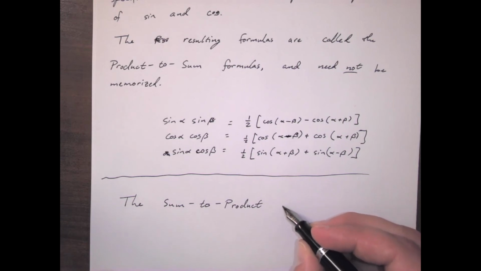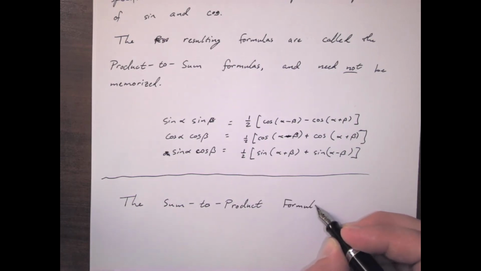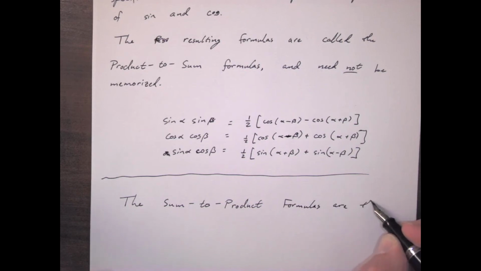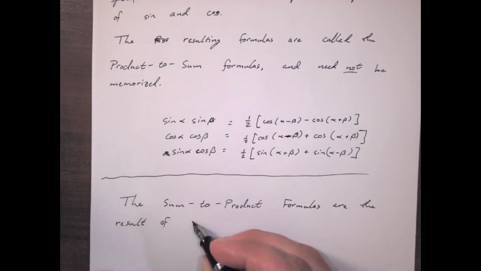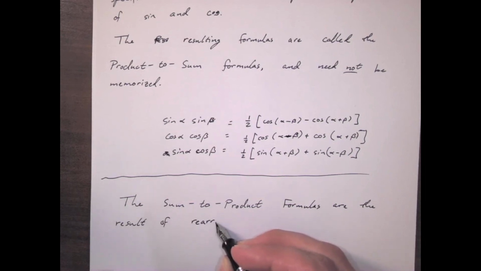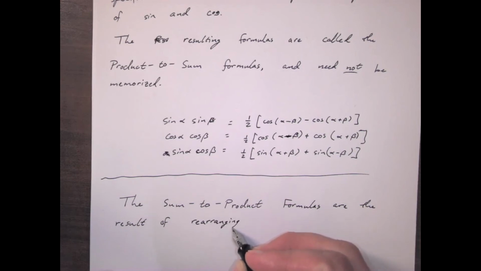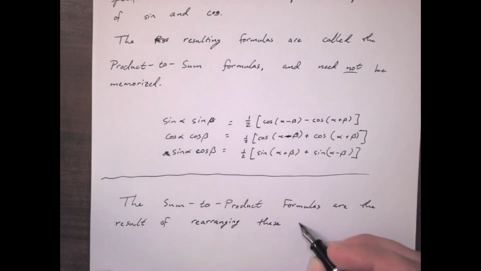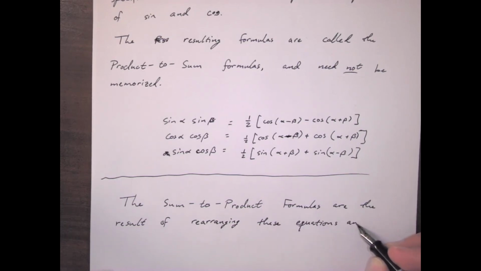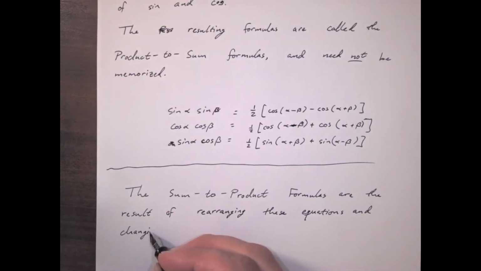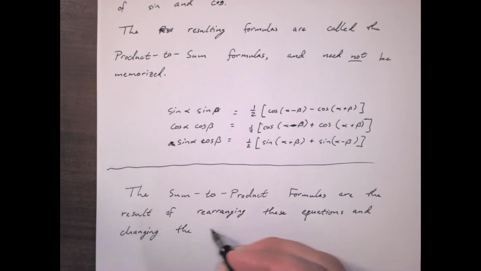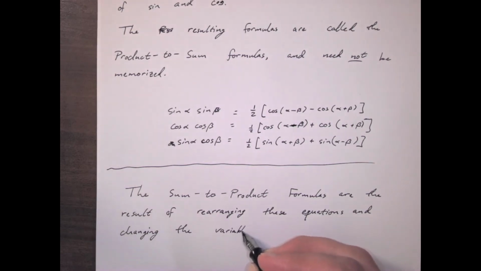The sum to product formulas are the result of rearranging these equations and changing the variables.